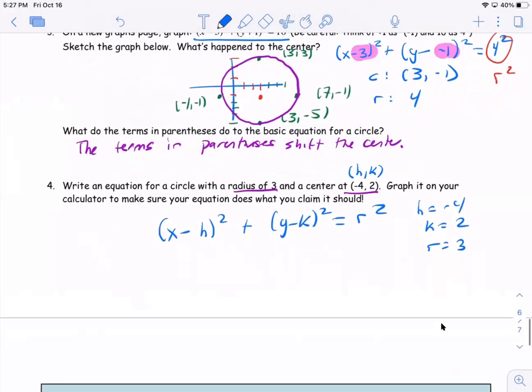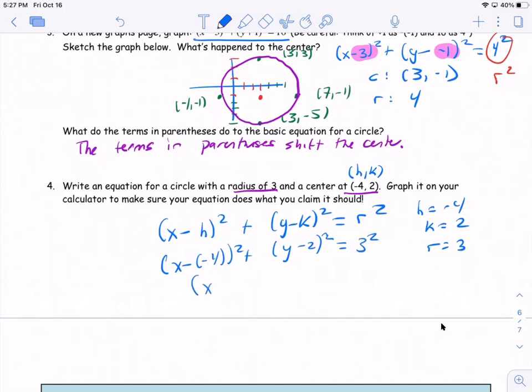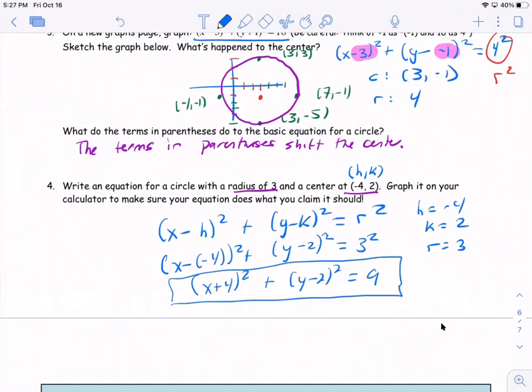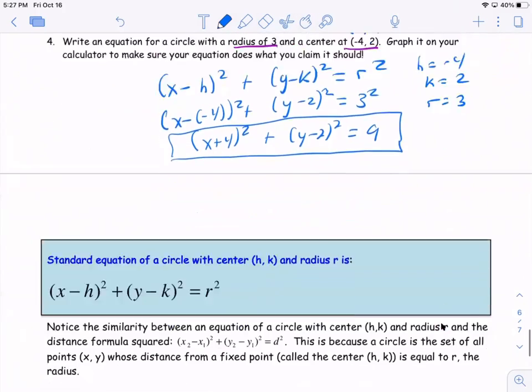So we'll substitute those values in. So we get (x - (-4)) squared plus (y - 2) squared is equal to 3 squared. And then simplifying, we'll get (x + 4) squared plus (y - 2) squared equals 9. And so that's the equation of a circle with center (-4, 2) and a radius of 3.